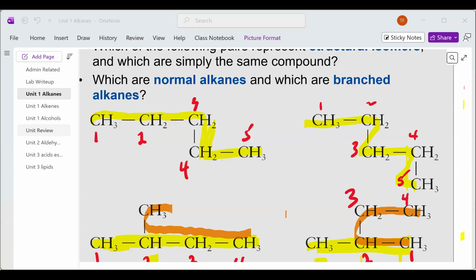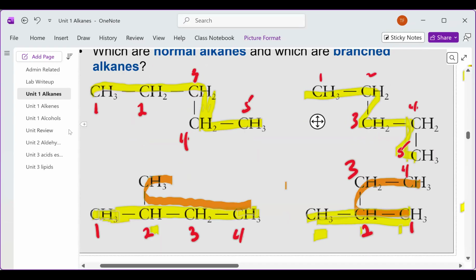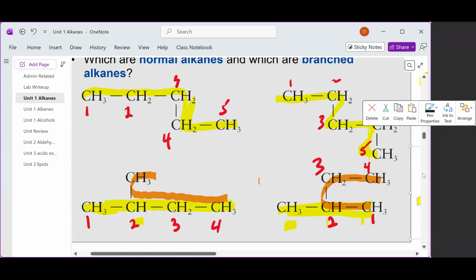Okay, let's go on here. So here we have four different molecules, 5 carbons all the way around.